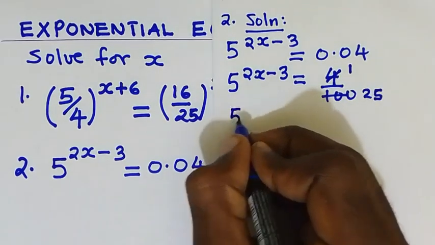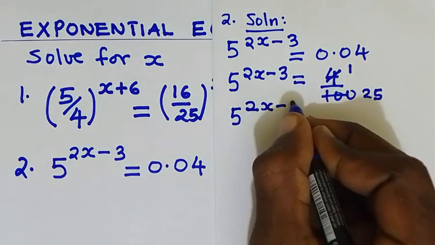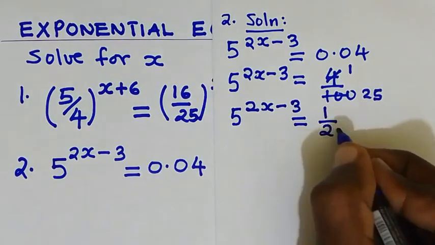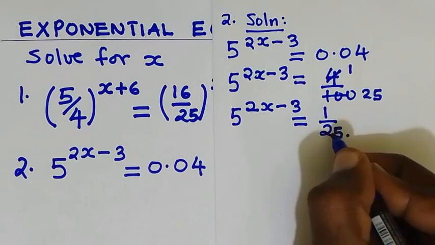So 5 power 2x minus 3 is equal to 1 over 25. I'm going to put 1 over 25 into power form.